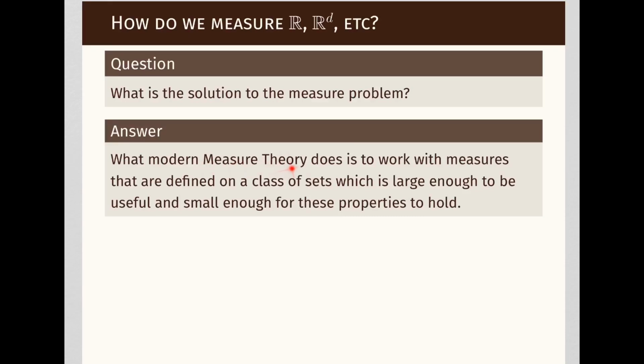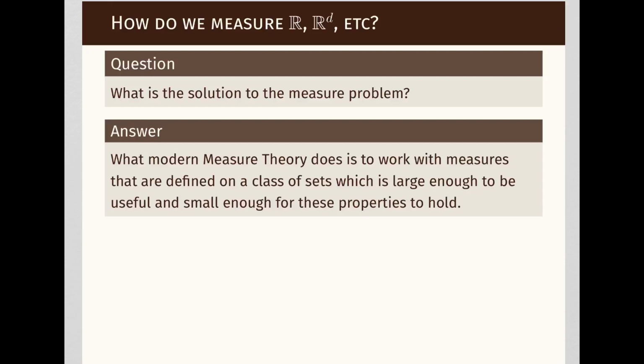Modern measure theory works with measures that satisfy all those three properties we want them to satisfy, but they are not defined on every subset of our sample space. Instead, they are defined on a class of sets which is large enough to be useful, and it's extremely useful. We'll rarely fall into any questions where lack of measurability of some specific set poses any trouble.